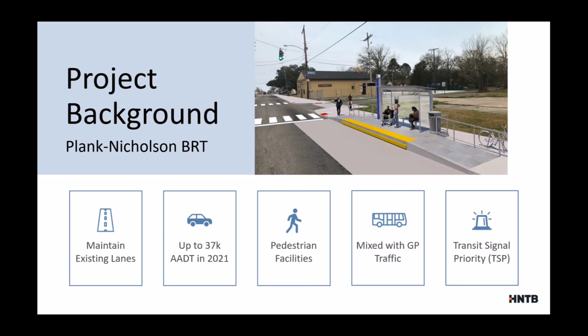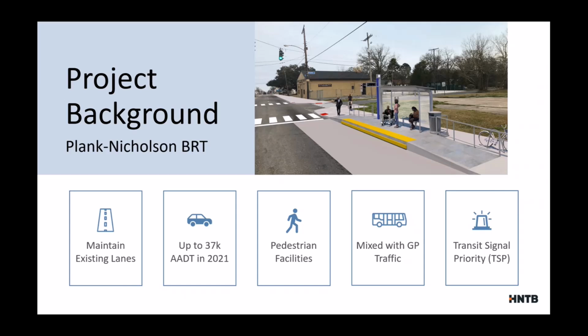Okay, a little bit more about the project background. I would call this kind of a BRT light type application. It's the first one that the city of Baton Rouge is looking to implement. So we're going to maintain existing lanes for the most part, and we're not proposing any dedicated bus lanes for this project.